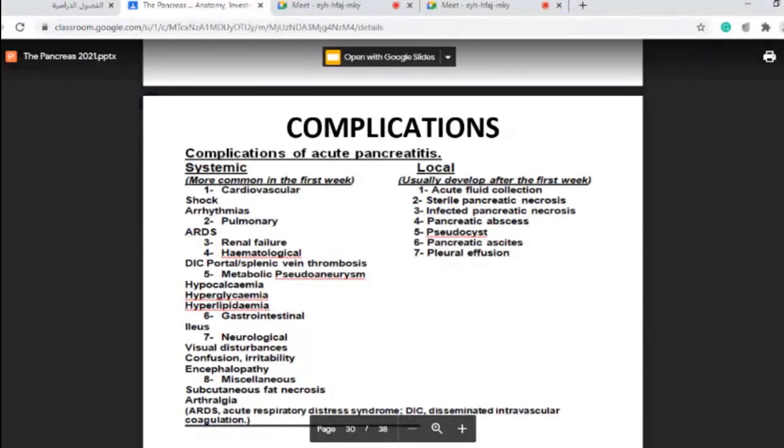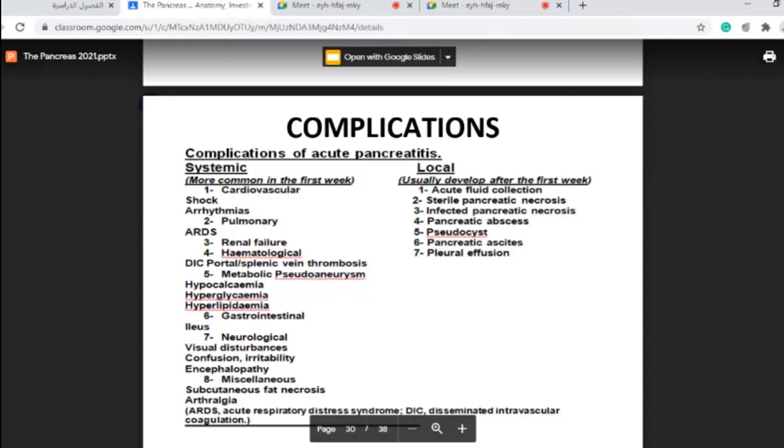Hyperglycemia, hyperlipidemia, and gastrointestinal ileus due to this exudate and inflammatory fluid, a reflex paralysis of the bowel, paralytic ileus.